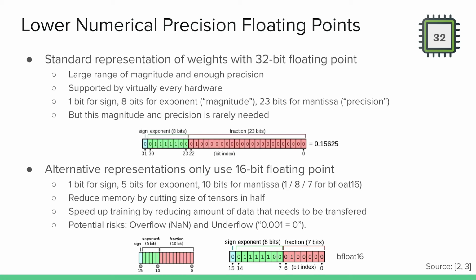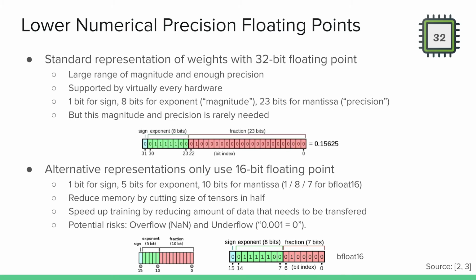And basically every hardware supports 32-bit floating points. One of those bits is used for the sign to say whether we have a positive or negative, 8 bits for the exponent, which says how big our numbers can get, and 23 bits for the mantissa, which says how precisely we can represent our float number.